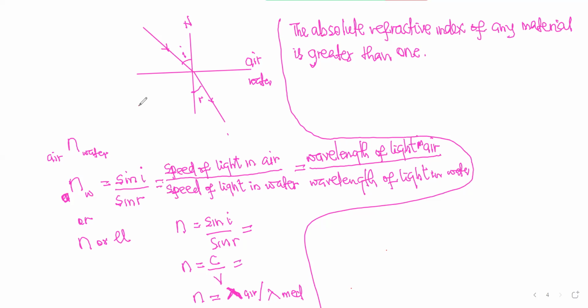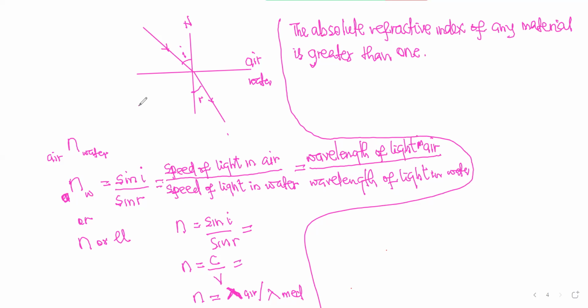No, we are expressing absolute refractive index in terms of various parameters. I earlier told you that refraction can be defined in terms of change in direction. Direction is angle. Refraction can also be defined in terms of change in speed, and in terms of change in wavelength.